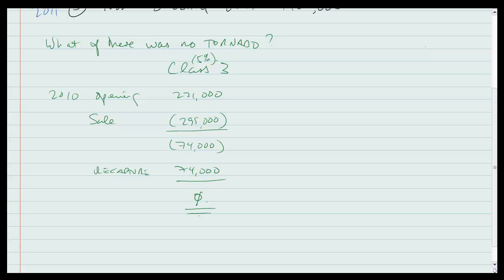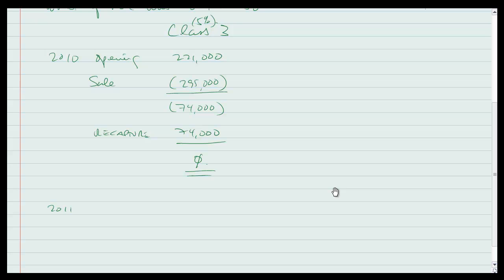Then we would move on to 2011, and they have this new building. It actually goes in a different class. It goes into class 1 because it's a non-residential building, a special class for non-residential, which gets a rate of 6%. The addition adds $400,000 to the class. Then we have the half-year rule, so we hold out half, $200,000.